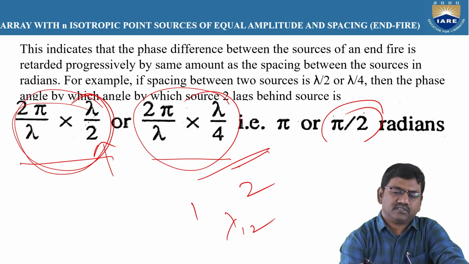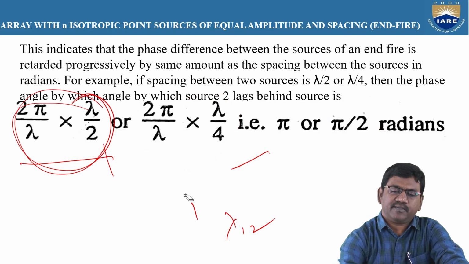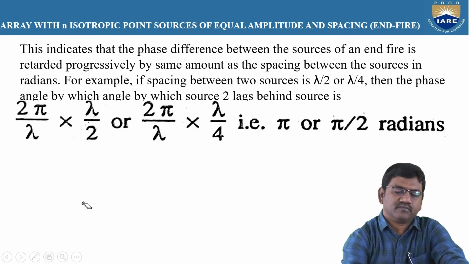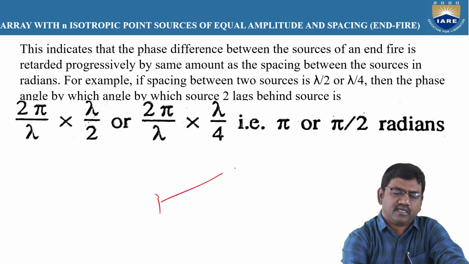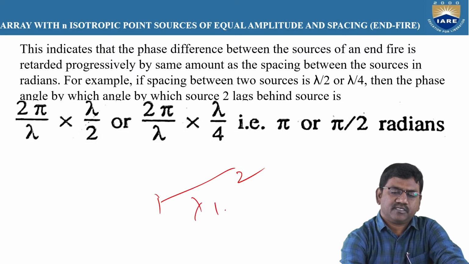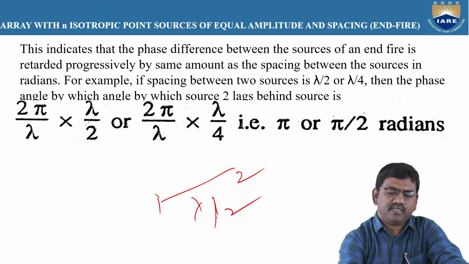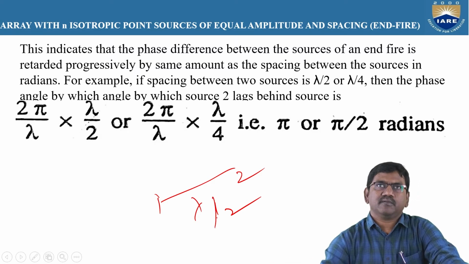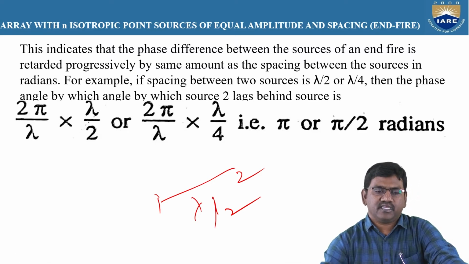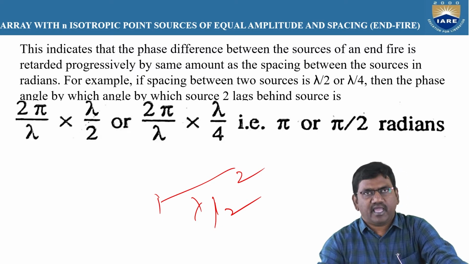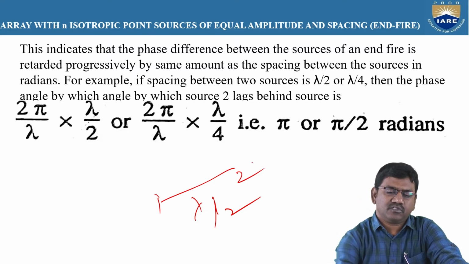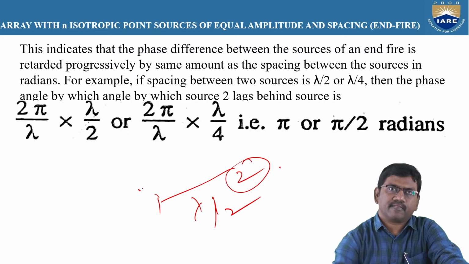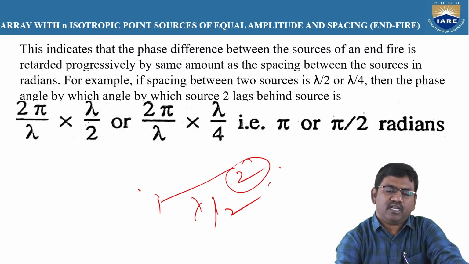So if these two elements are separated by a distance of lambda by 2, suppose this is 1 and this is 2, these are separated by lambda by 2. If two elements are separated like this in the end-fire case, with what amount of angle will source 2 lag with source 1?